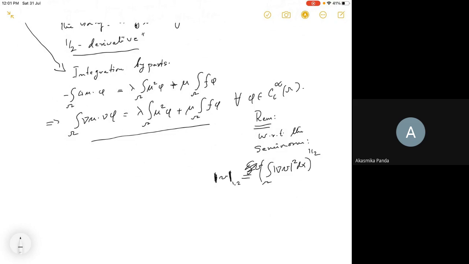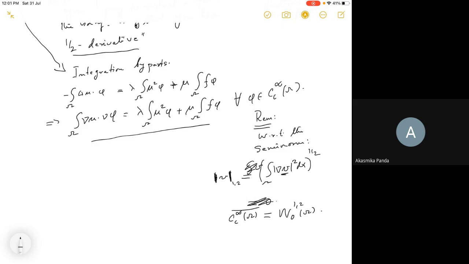Why is it a semi-norm? Because even if this is 0, v need not be 0. It could just be a constant, right? So it fails to be a norm. However, it becomes a norm when you are dealing with a function in W012 space. With respect to the semi-norm, CC infinity closure is equal to W012.